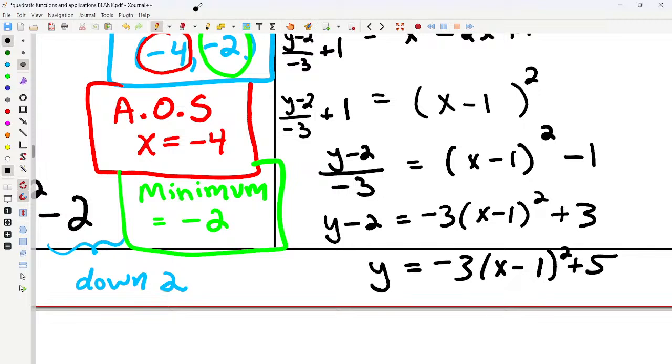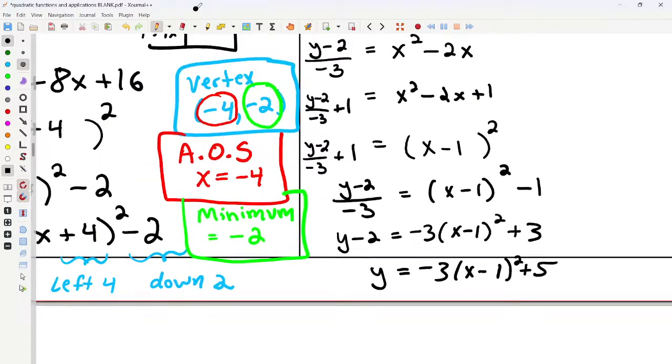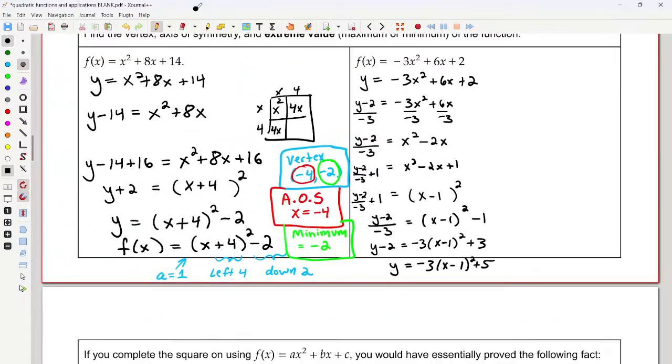Standard form was -3x squared plus 6x plus 2. After completing the square and changing its form, we have -3 in front of an x minus 1 squared group, then plus 5.